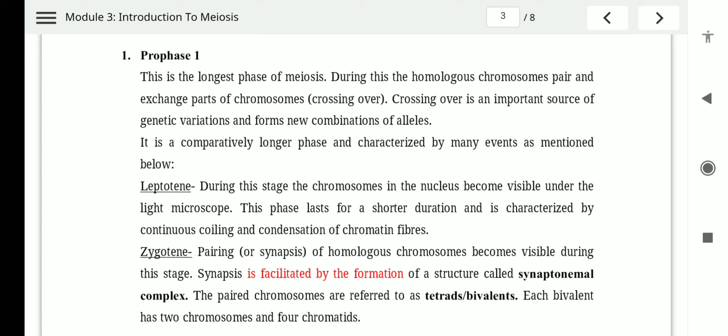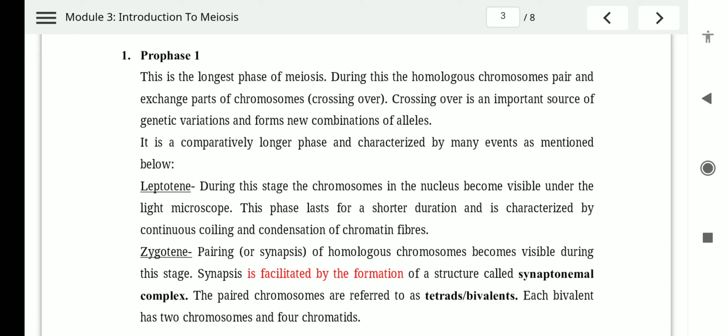Synapsis is facilitated by the formation of a structure called the synaptonemal complex. When homologous chromosomes pair, this complex is formed, and these paired chromosomes are called a tetrad, because each chromosome contains two chromatids.